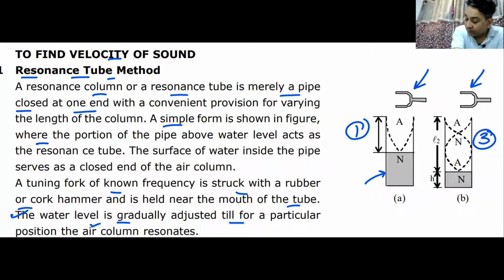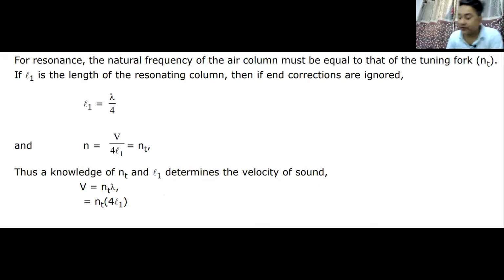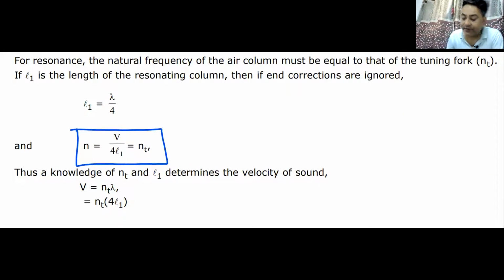So what we have to do is what is given here, short theory. To get resonance, both the frequencies must be the same. The fundamental frequency is given by V by 4L. What happens is we will find two consecutive positions where we get resonance.